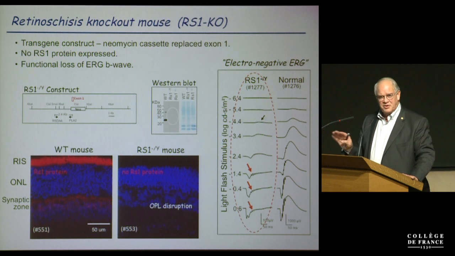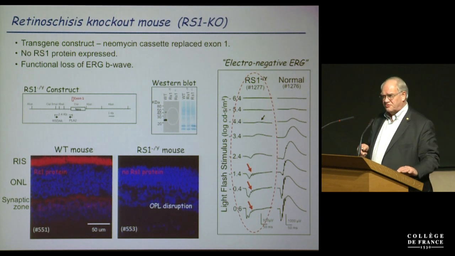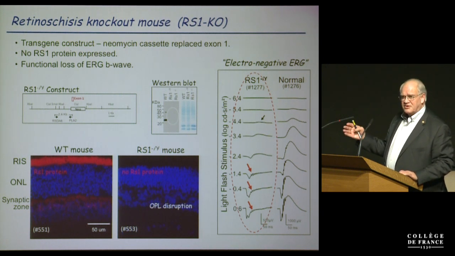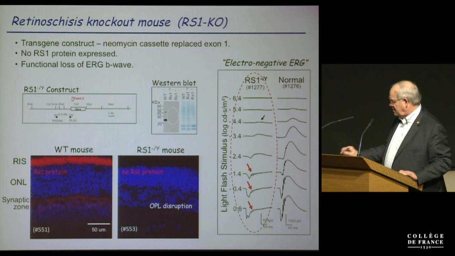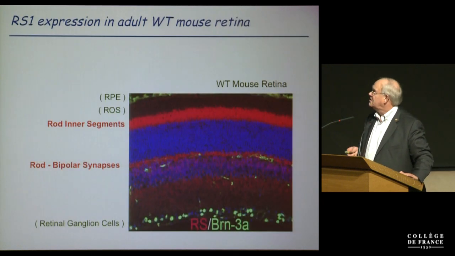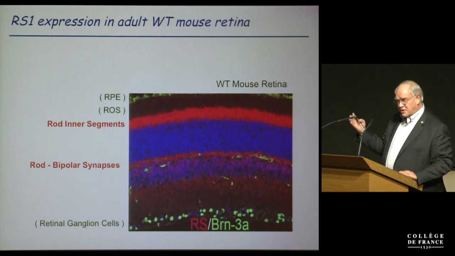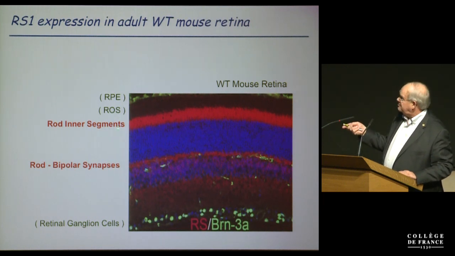Consequently, this animal appears to have, at least on first pass, the two features that we would like to study, the structural problem and the functional problem. Now, I would like to show you some biology so that we can understand this disease better, some biology of the areas of the retina that are expressing the protein.